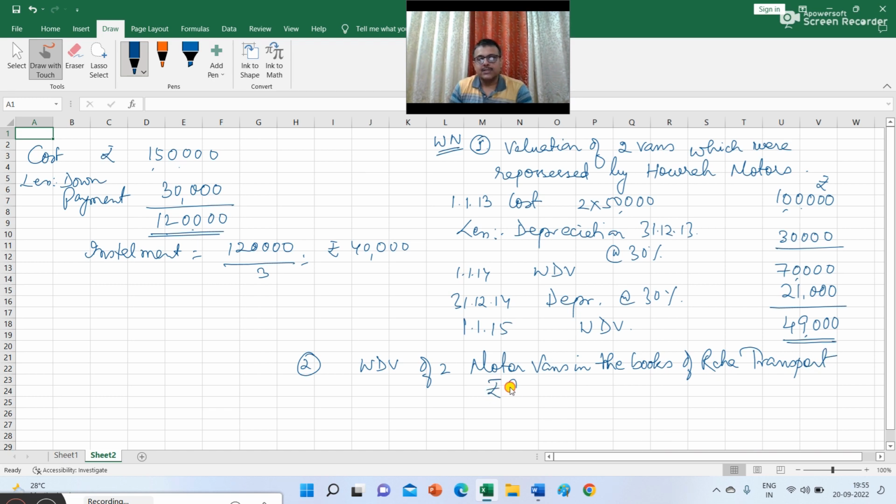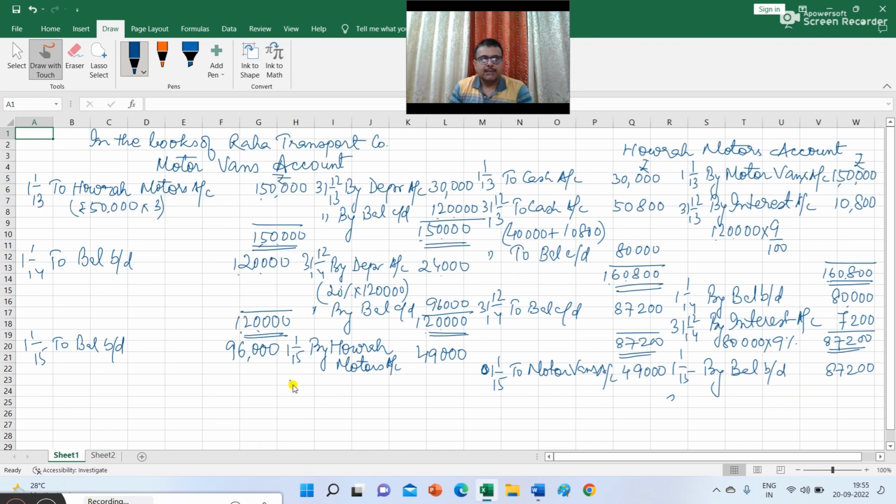So rupees 96,000 is the value of three motor vans. So here I am multiplying 2 by 3. So this is 64,000. So due to the surrender, this is the loss on surrender. So 15,000 is the amount of loss due to surrender of these two motor vans.